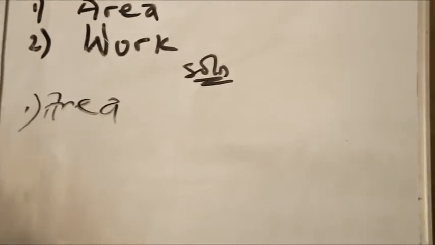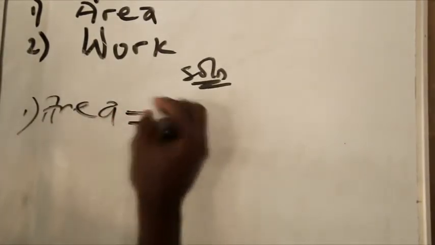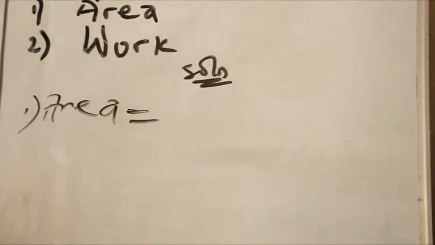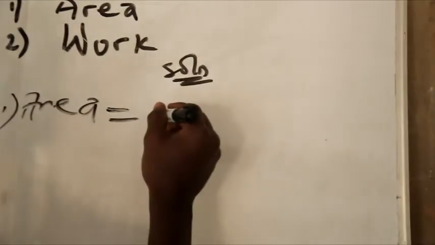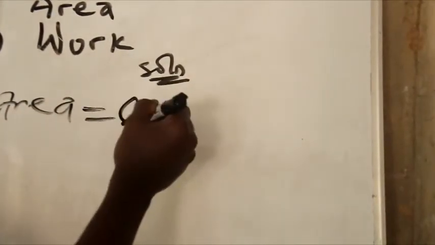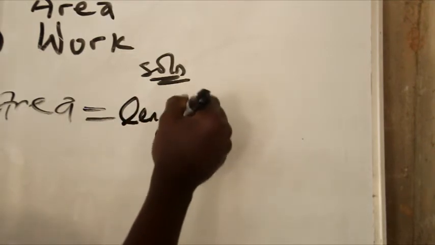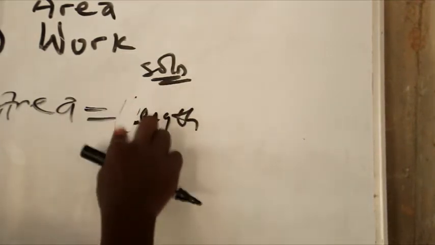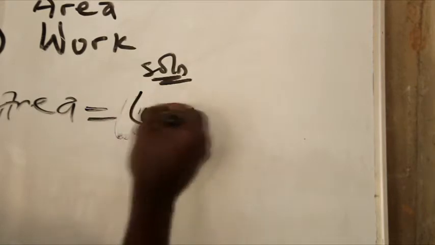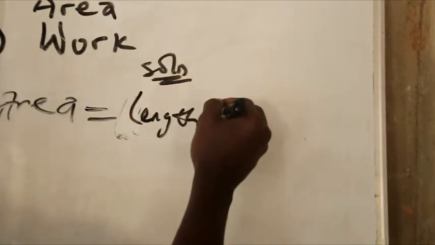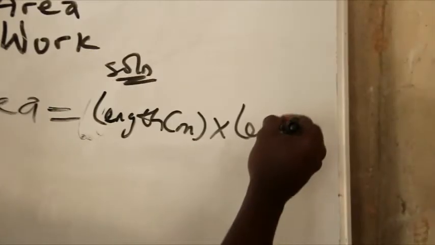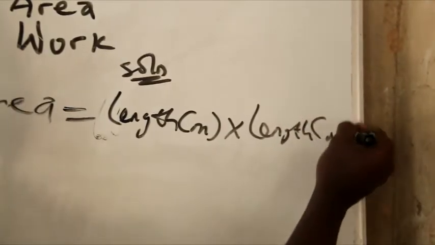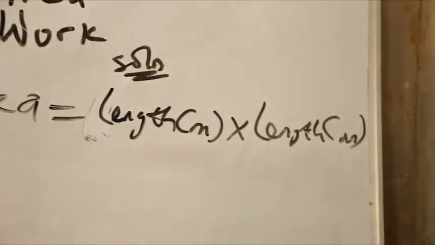So if you follow that video very well, you recall that area is gotten by multiplying length, sorry, this is L actually. It's looking like E. Area is gotten by multiplying length, which is in meters, by another length, which is in meters, right?